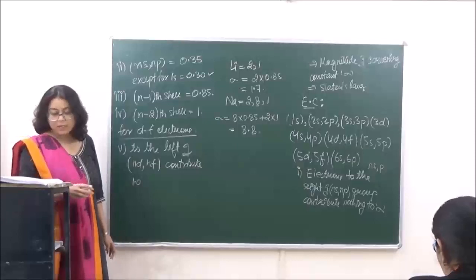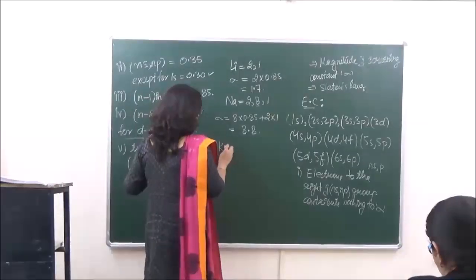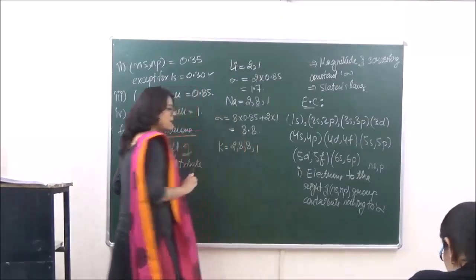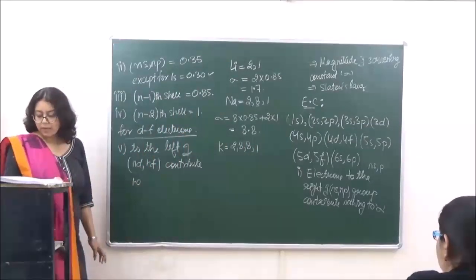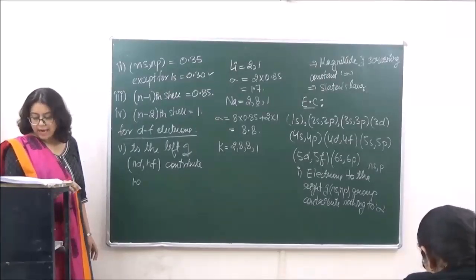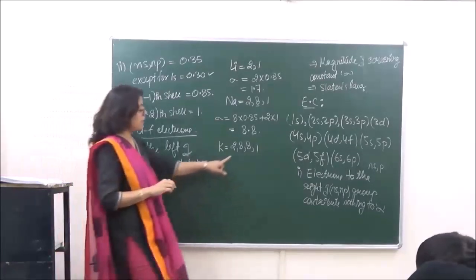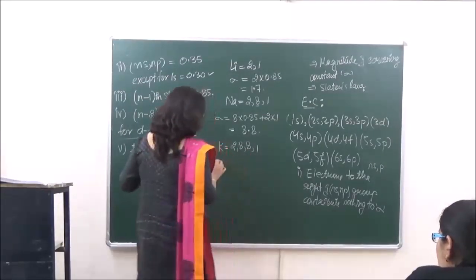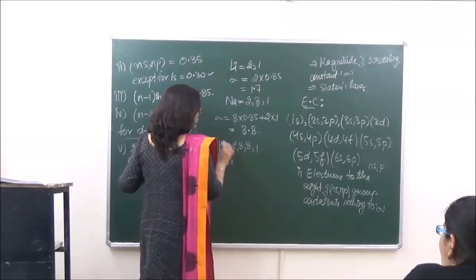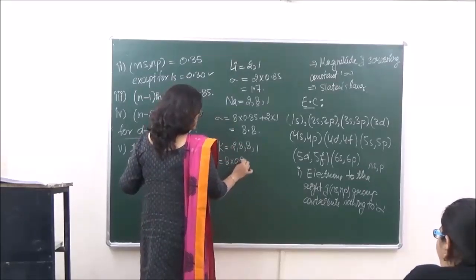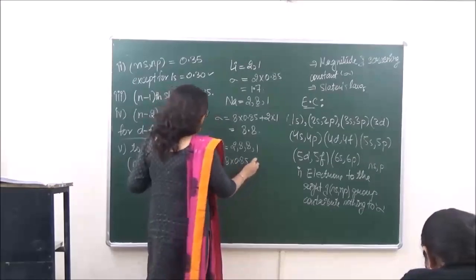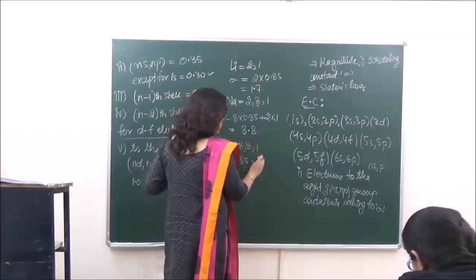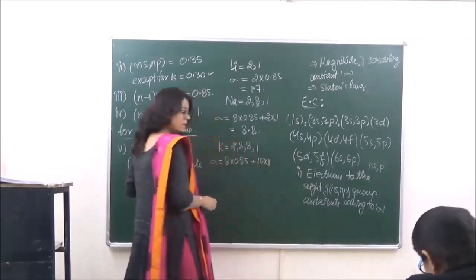Then let's go on to potassium. The electronic configuration is 2,8,8,1. In the n-1 shell we have 8, so sigma will be 8 into 0.85, and in n-2 there are 10, that is 8 plus 2, so 10 into 1.